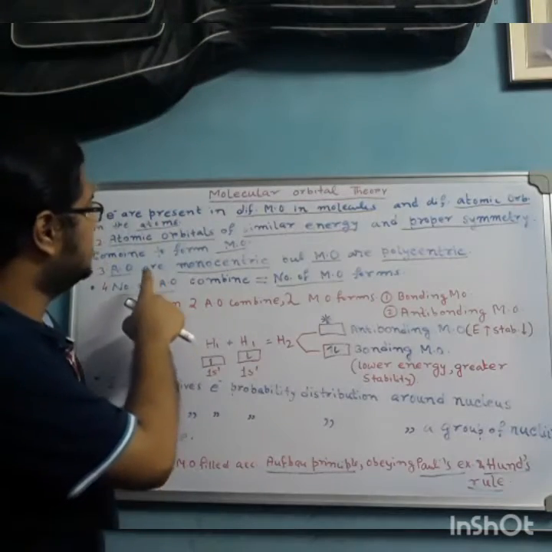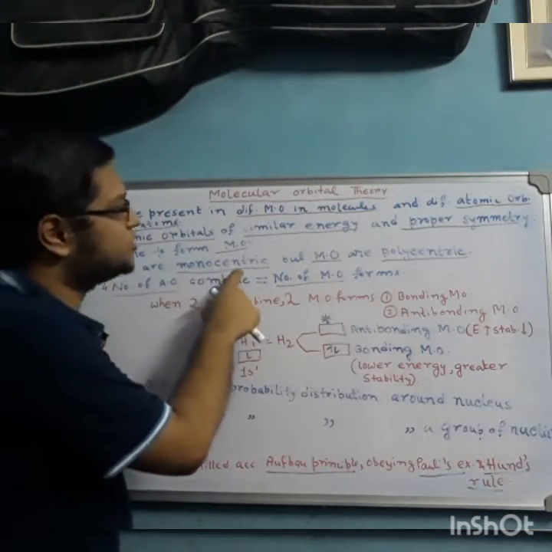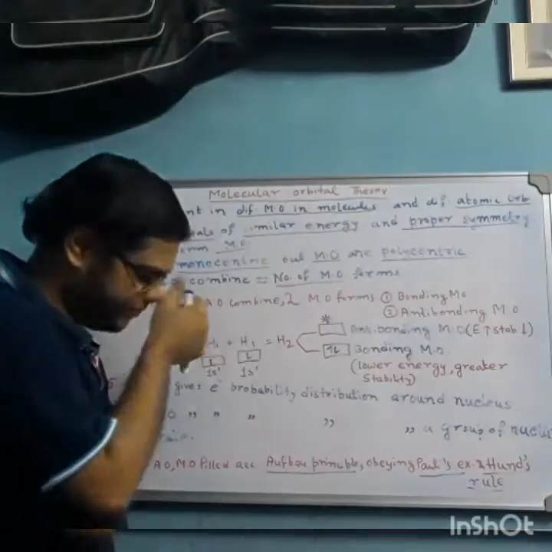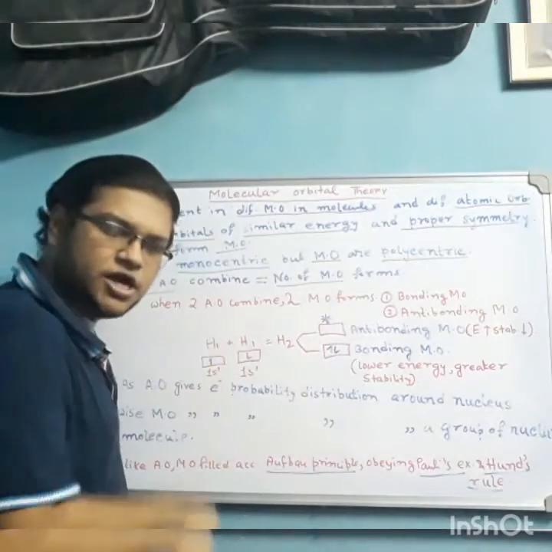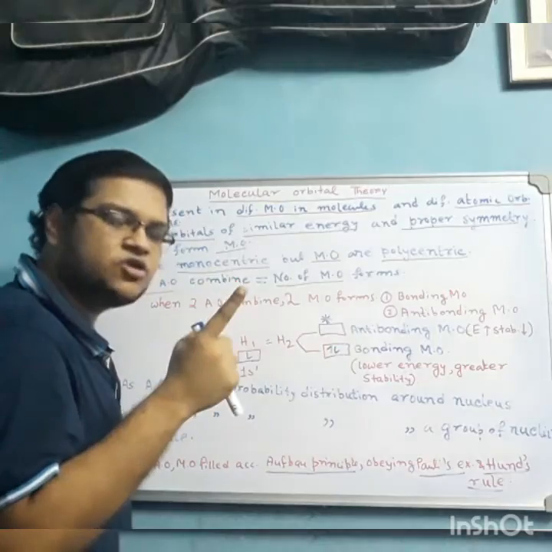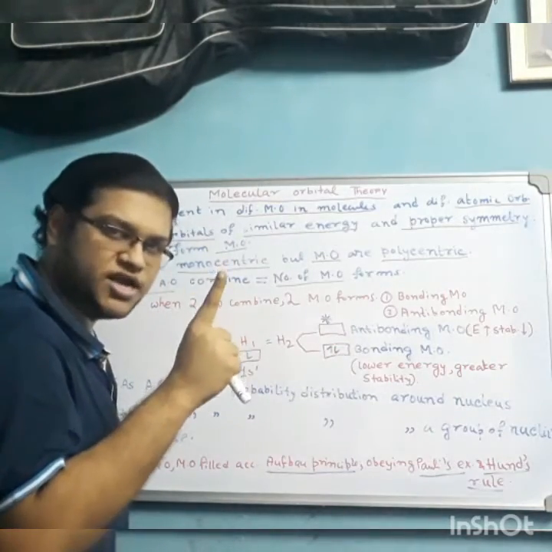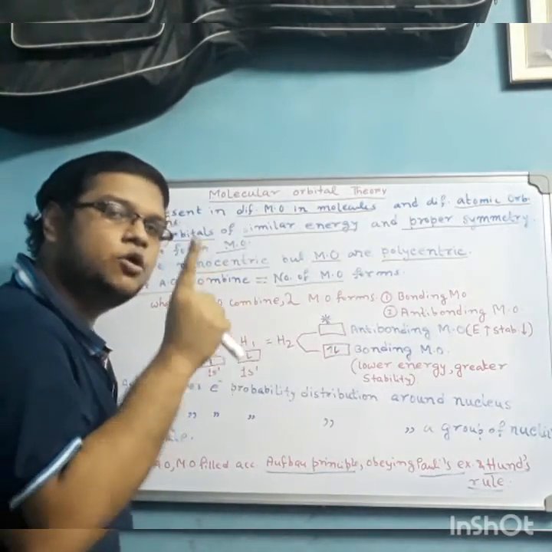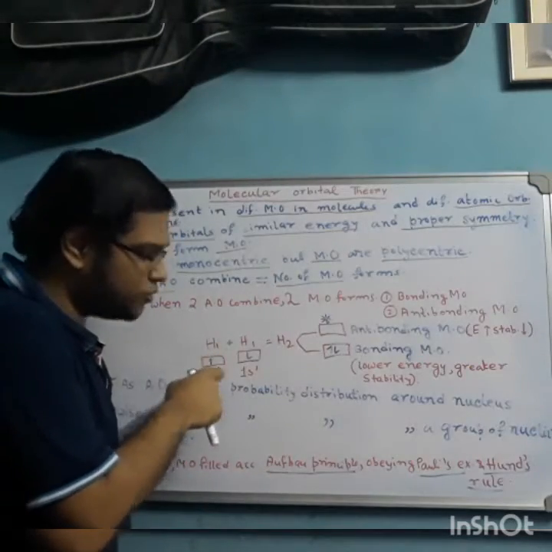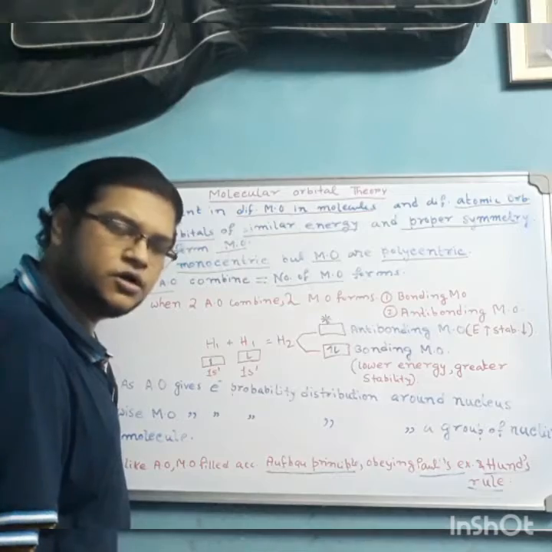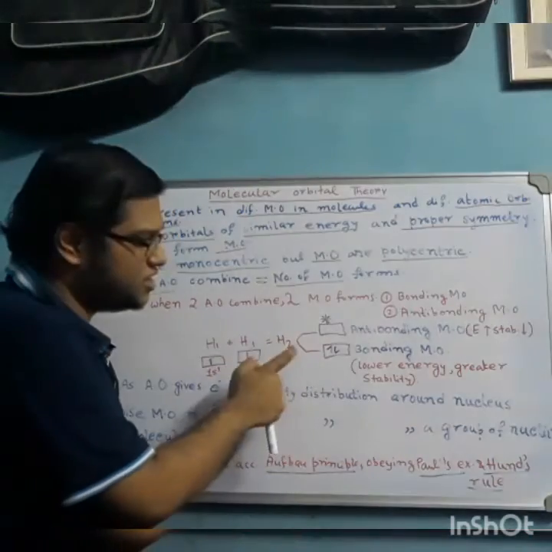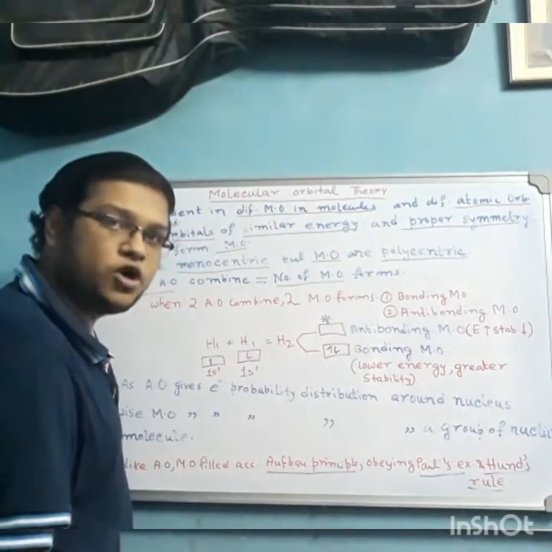Next, atomic orbitals are monocentric but molecular orbitals are polycentric. That means each hydrogen atom contains one nucleus. As each hydrogen atom contains one nucleus, that's why its atomic orbital is monocentric. But each molecular orbital is polycentric.